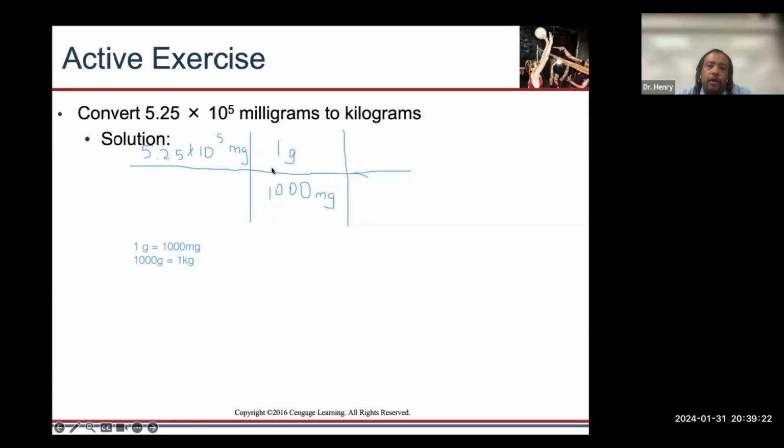And then since we have grams here and kilograms is our goal, we're going to put 1,000 grams on the bottom, and then 1 kilogram on top. So those units are going to cancel out.